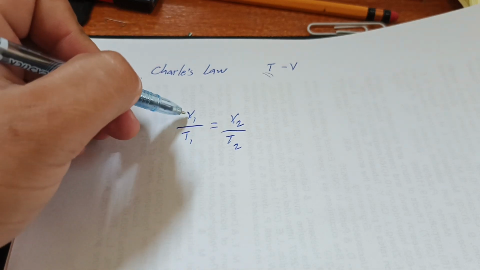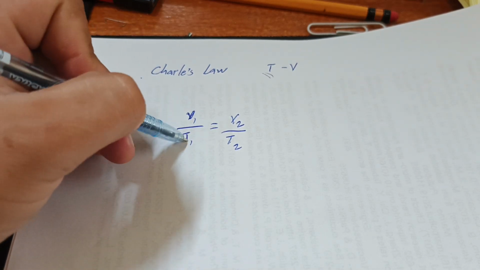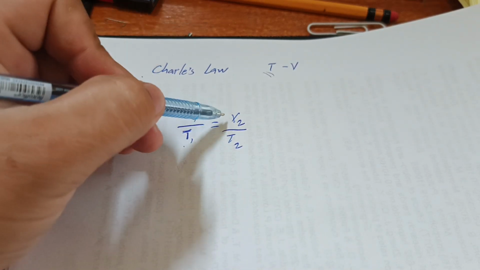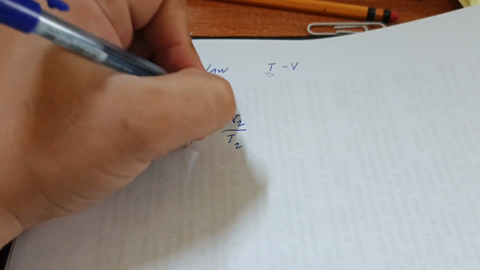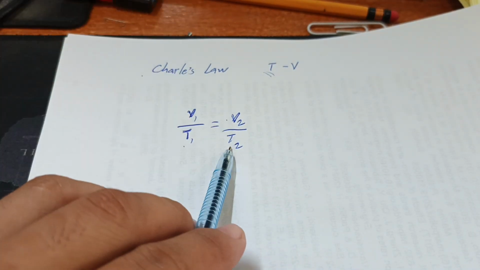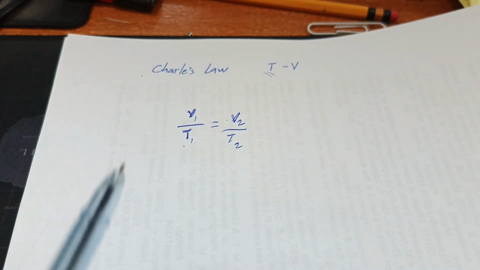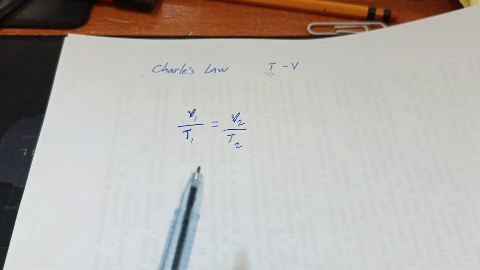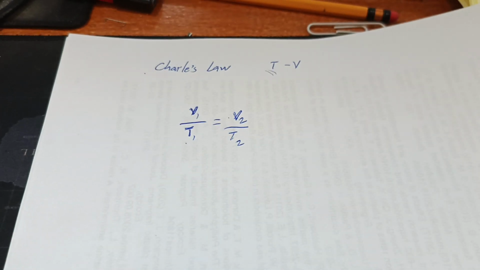V sub 1 is the initial volume, T sub 1 is the initial temperature, V sub 2 is the final volume, and T sub 2 is the final temperature on the Kelvin scale.